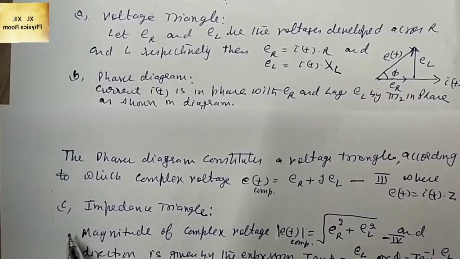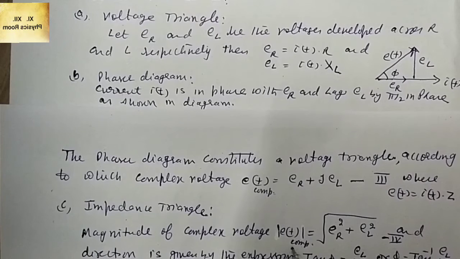Now the C part, the impedance triangle. How we draw the impedance triangle, let us see. Now the magnitude of the complex voltage E(t) is equal to the square root of E_R square plus E_L square. Let us mark it as equation number 4.